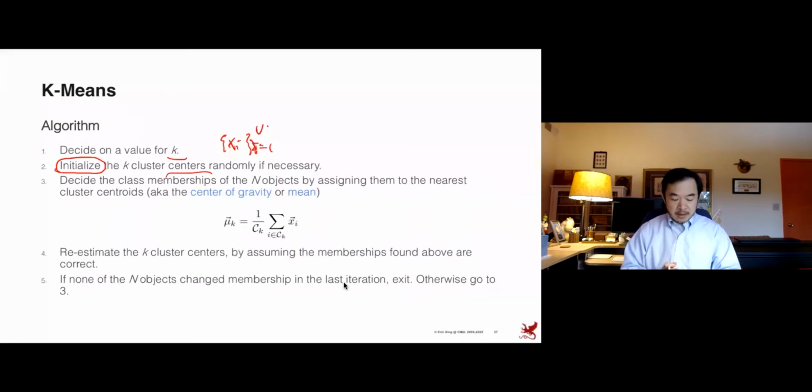Then you are going to compute which cluster each data point needs to go to. For example, I have these few centers, and for a data point xi, I need to decide whether it goes to this center or that center or that center. This is done by measuring the Euclidean distance.